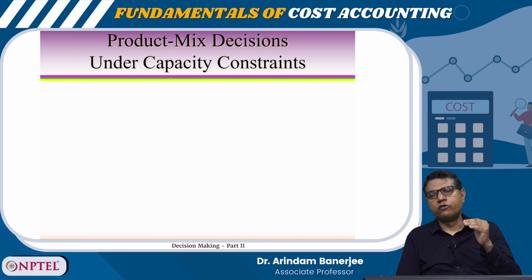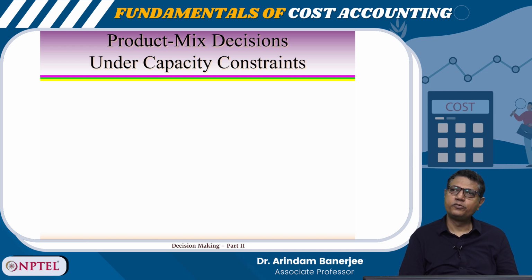So, I will calculate on what basis? I will see which product is giving maximum contribution per unit. The product which gives maximum contribution per unit, I should produce in the highest number. That will increase my profitability also.